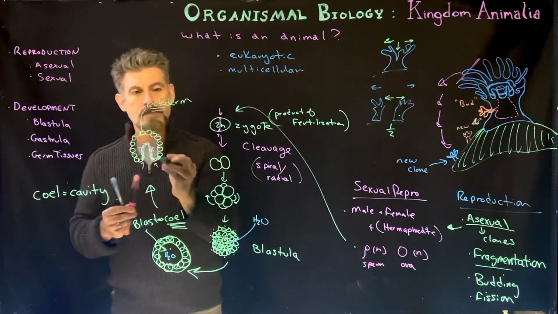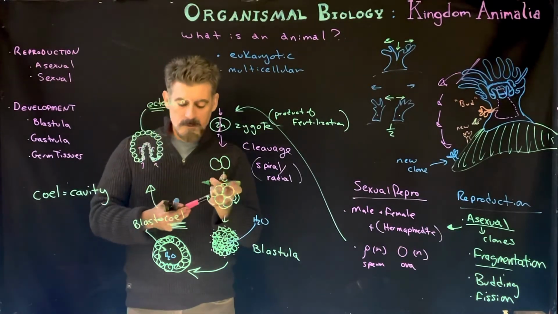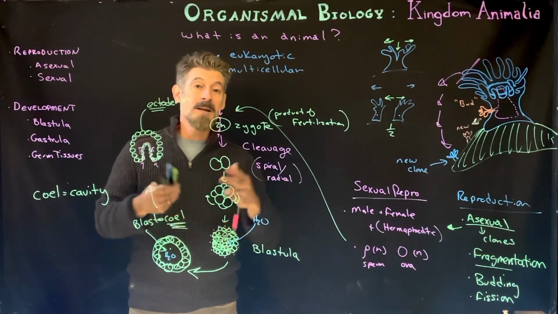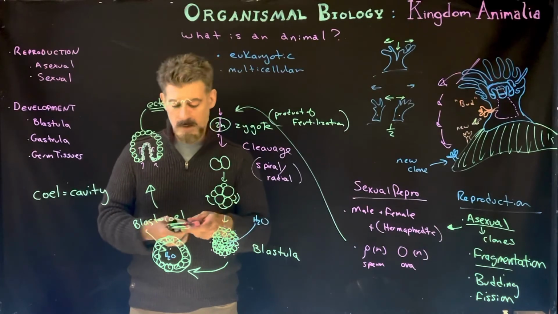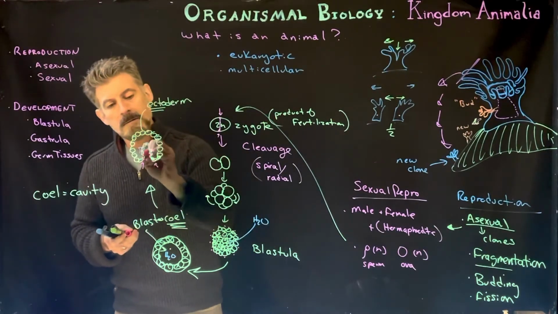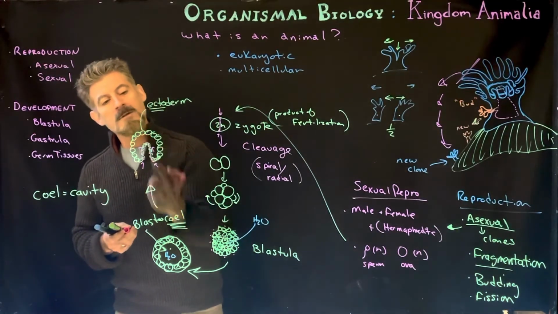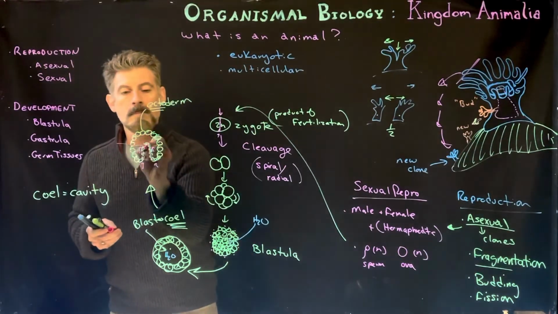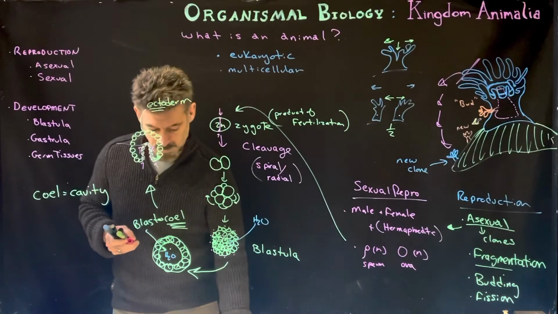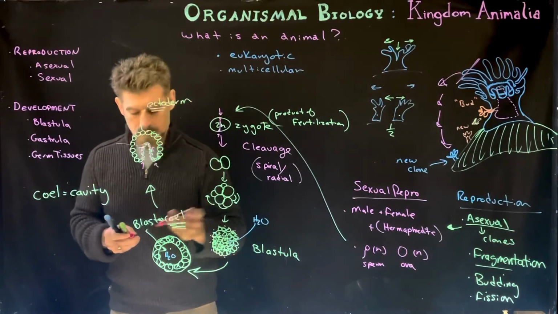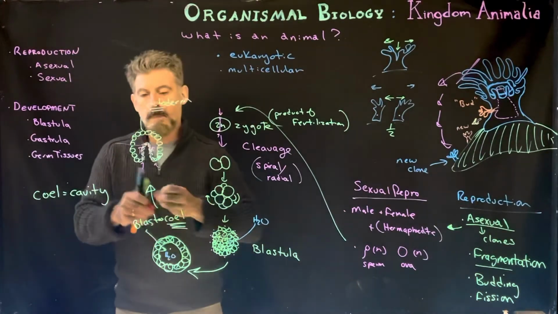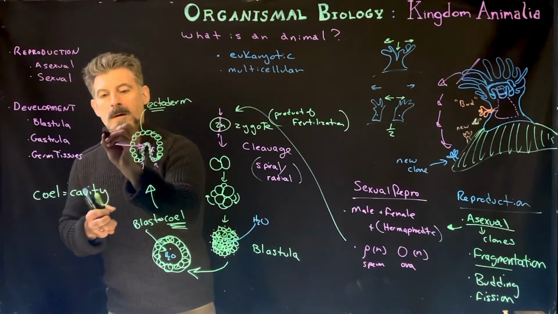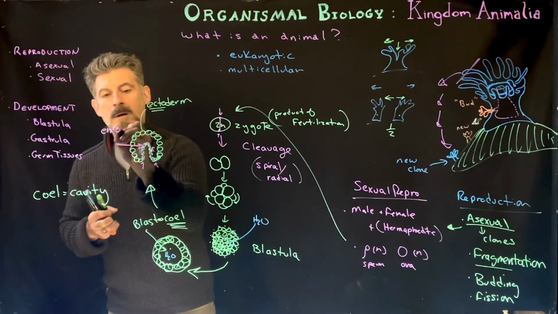All right, so ectoderm. This ectodermal embryonic layer is going to give rise to typically skin and the nervous system. This group of cells that start to move inward here, like this, they are going to be called endoderm.